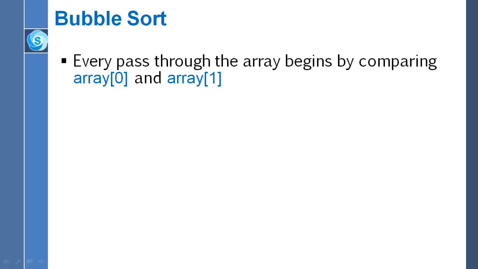And that is, of course, exactly as we want it to be. We saw that in the example by hand of sorting an array of 6. Every time we made a pass through the array, we began by comparing the first two entries in the array.